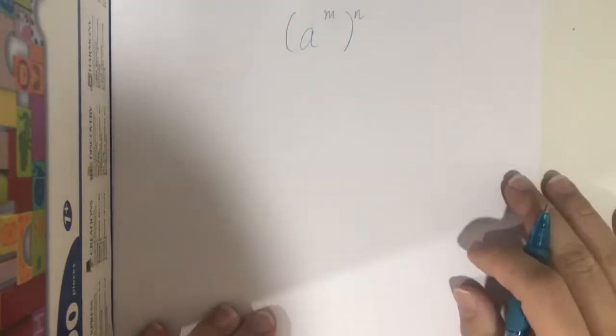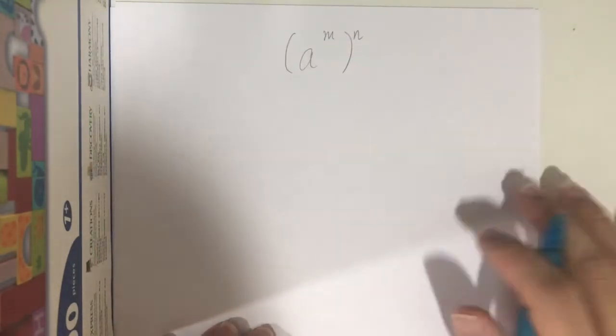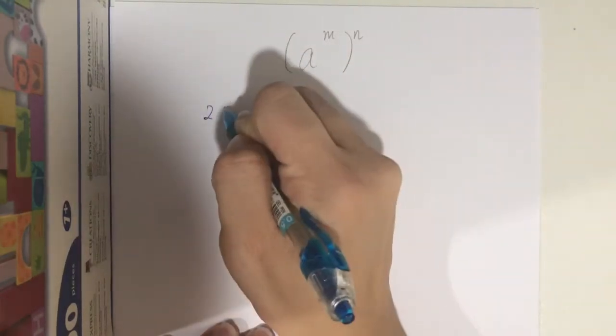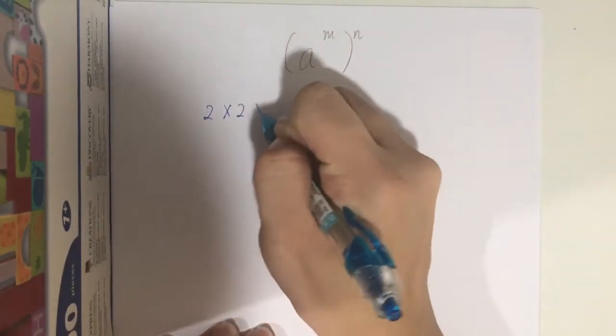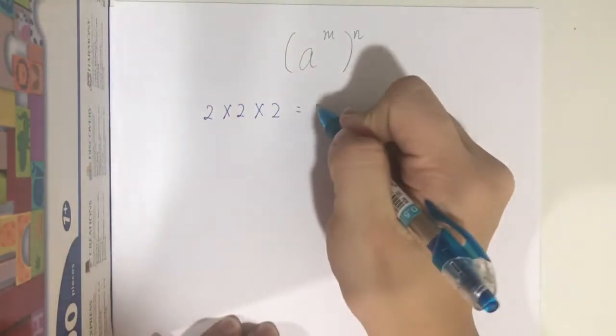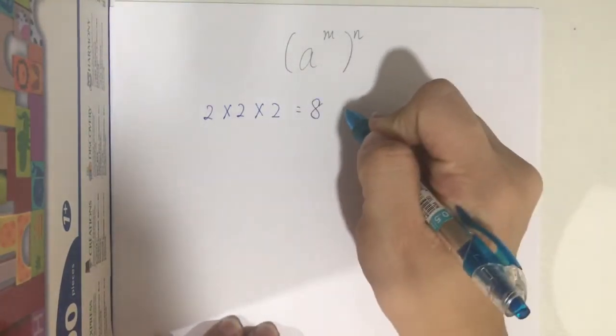Okay, let's take a look at an example. Now that you have, for example, 2 times 2 times 2, what do you get? In primary school, you will learn it equals 8.